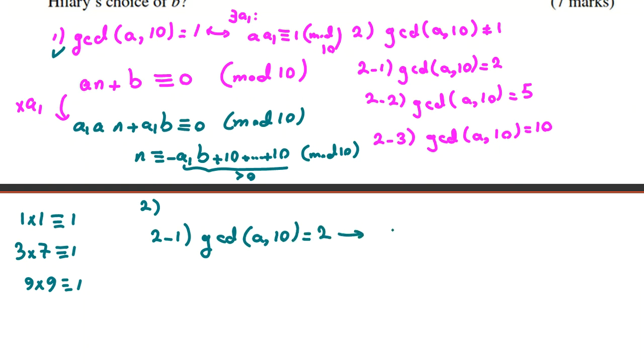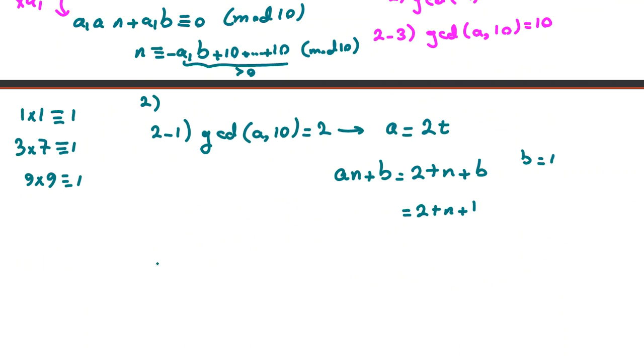So A is even, for example 2T. So AN plus B is 2TN plus B. Can you say which B Hillary should select so that it won't be a multiple of 10? If B is 1, then it will always be odd. So an odd number cannot be a multiple of 2, so it cannot be a multiple of 10.